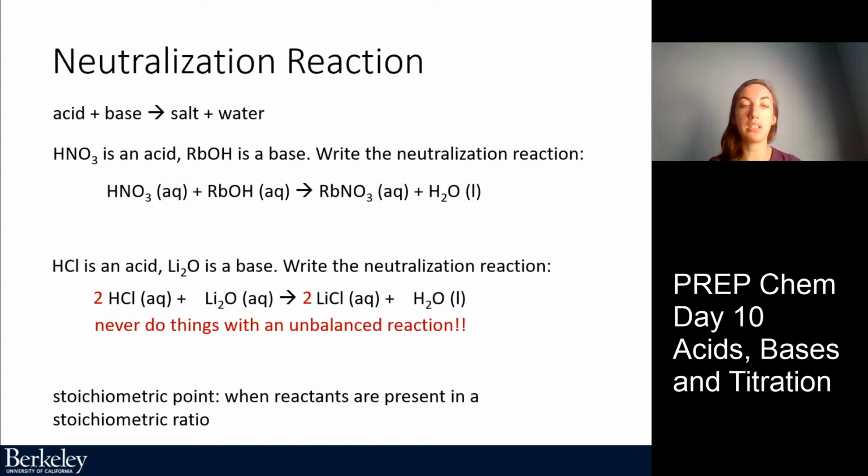So that's why we needed the stoichiometric coefficient of 2 in front of LiCl, because we had 2 lithium atoms in our Li2O molecule, but only 1 lithium atom in 1 LiCl molecule. So we need that coefficient to make sure that there are 2 lithium atoms on each side.